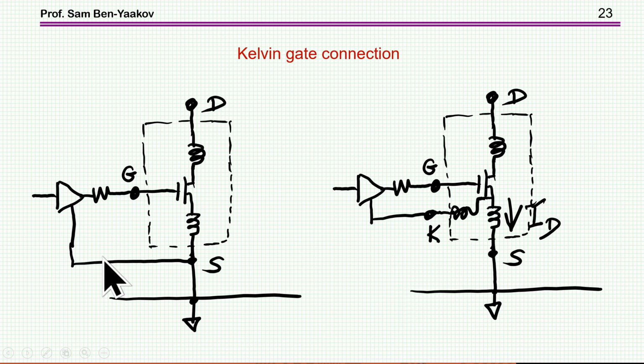The regular connection is when you have the return of the gate signal connected to the output leg, to the source. This could be directly to the component itself, to the device, or maybe on the PCB. In any event, you do have inductance of the internal inductance of the device plus external inductance that you might have.